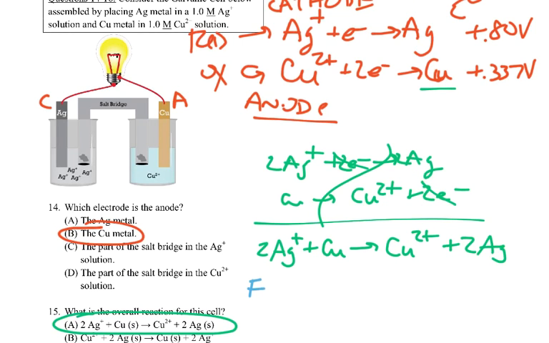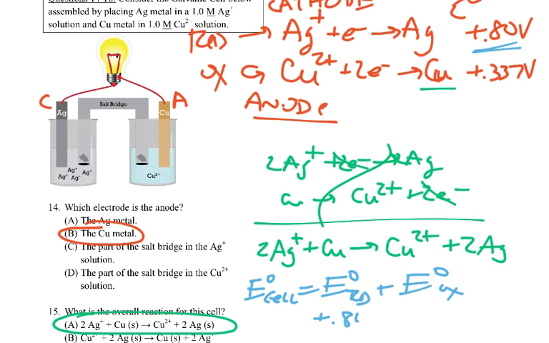Okay, so the E of the cell is equal to the reduction potential plus the oxidation potential. So the reduction potential for this is my positive 0.8 volts. And my oxidation is this guy with the sign change, so it's negative 0.337 volts.